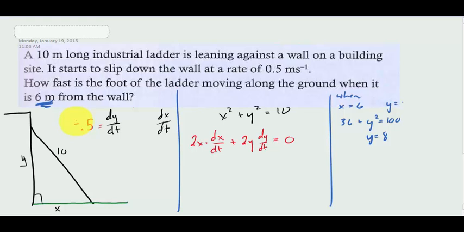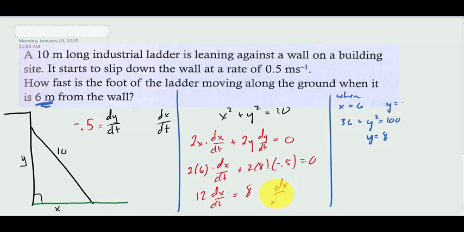We can substitute, we can solve. 2 times 6 dx/dt plus 2 times 8 times negative 0.5 equals 0. So we have 12 dx/dt equals 8.